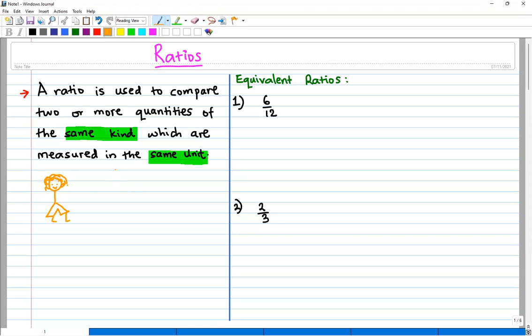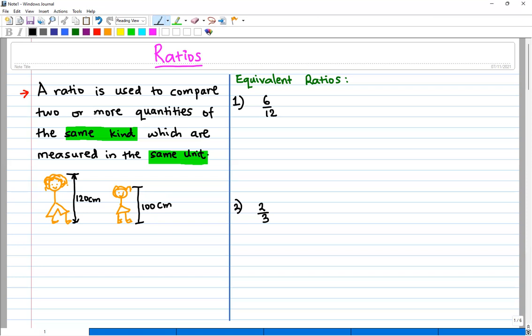Okay, another student. Okay, and we say that the height of this student is 120 centimeters, and the height of this one is, let's say, 100 centimeters.